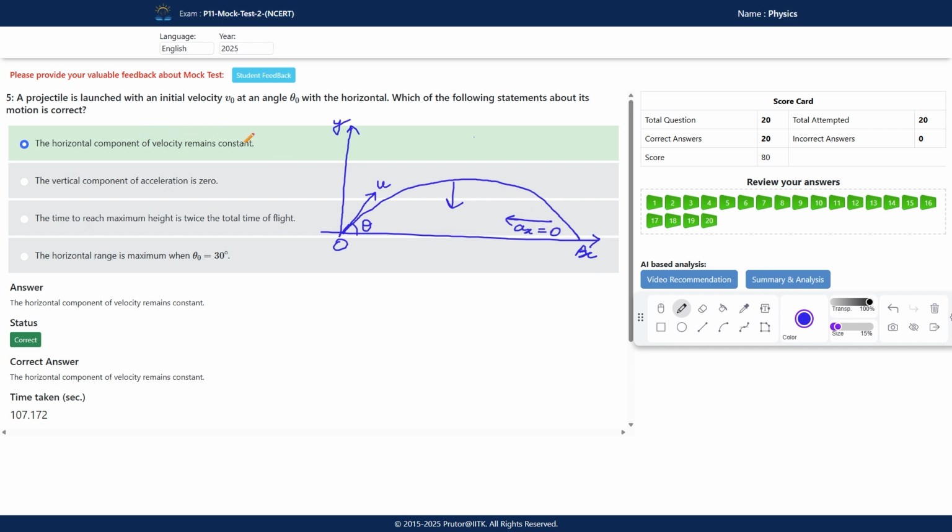So the horizontal component of velocity remains constant throughout the motion.